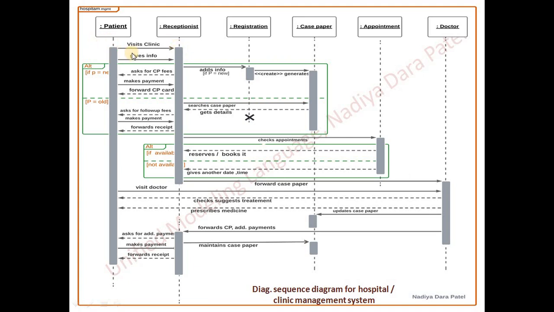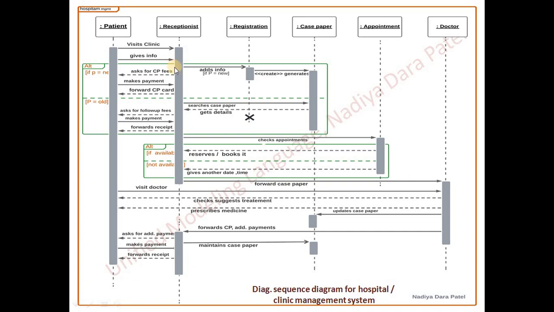So the patient will directly come to the reception, he will give his information. So this is an asynchronous call, but after giving information, he should wait for the reply so that the receptionist tells him whether there are appointments, whether he is able to take the treatment today or not. So this becomes a synchronous call.